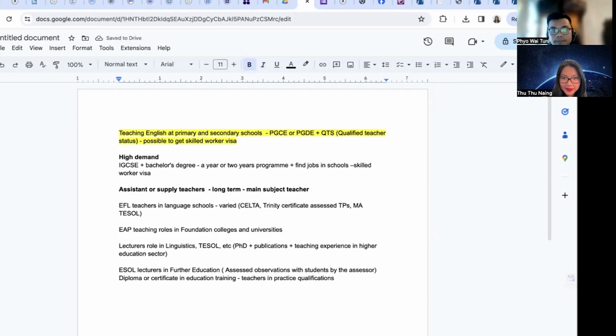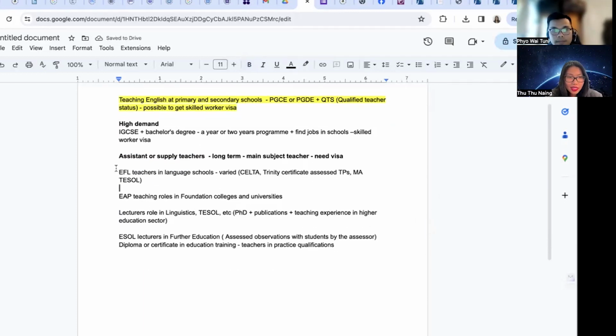Now, for other types of job, for EFL teachers in language schools, they may not sponsor you for a visa. And if you have a visa already, and those qualifications, you can apply for jobs easily.